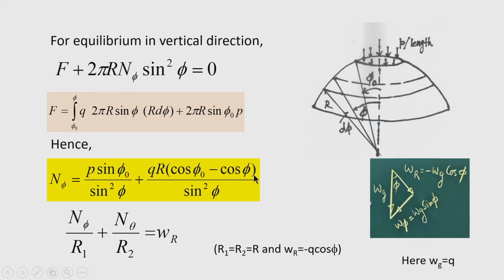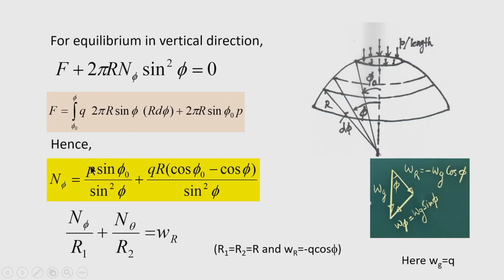So, n phi is found as an expression involving p, that is the collar load, then phi naught, that is the angle at the edge of the opening, and q r, where q is the vertical load acting on the surface and r is the radius of the sphere. And phi is the level at which we are interested to find n phi. So, we get this expression of meridional stress due to opening.